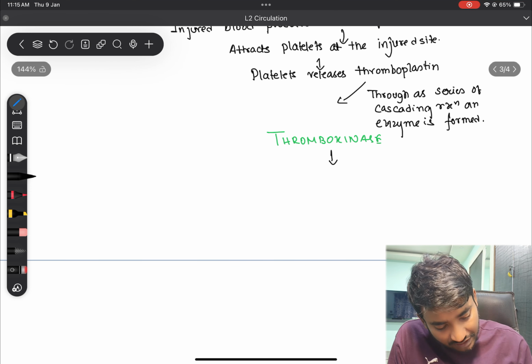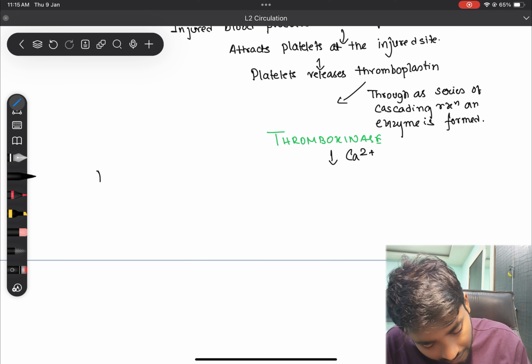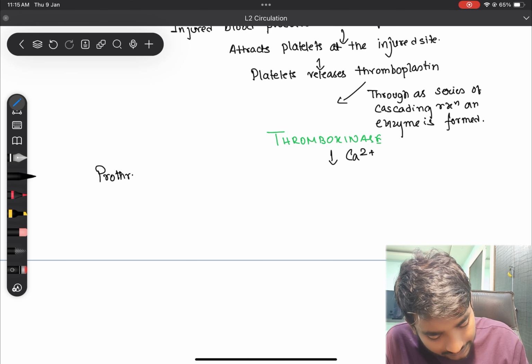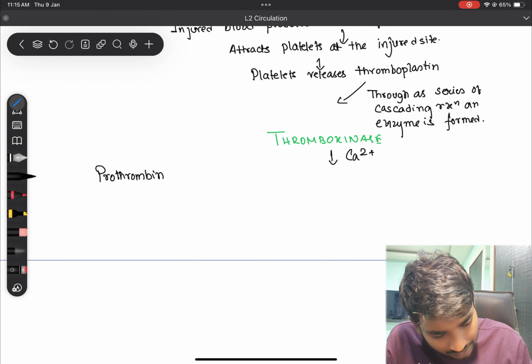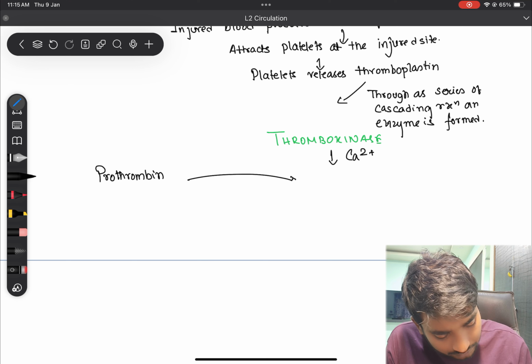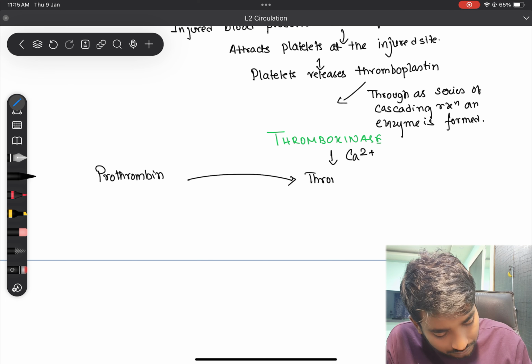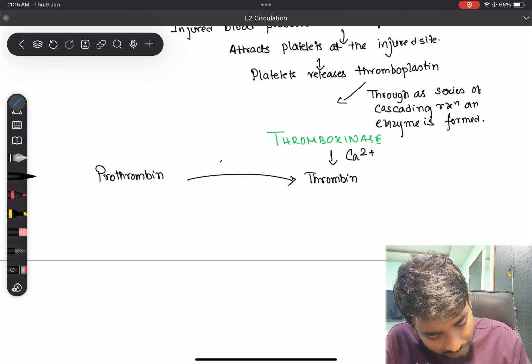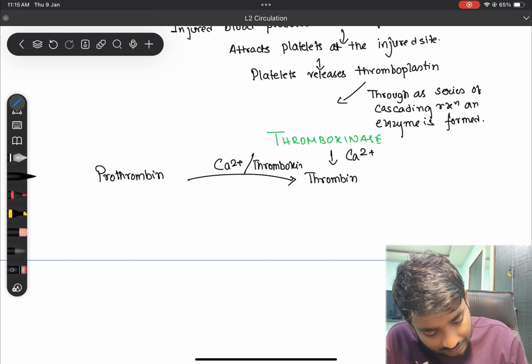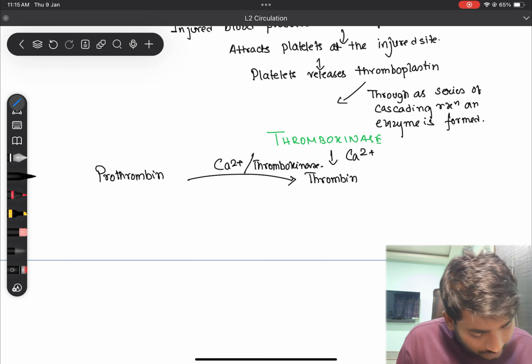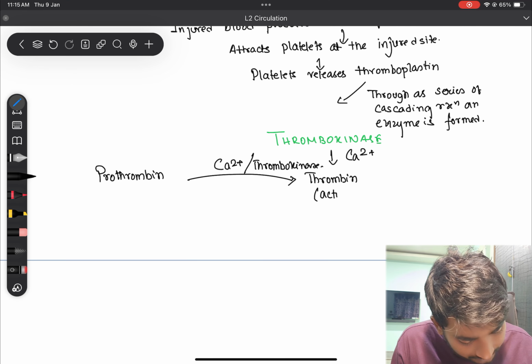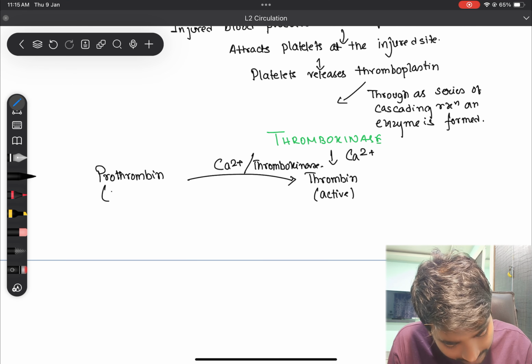Here comes the function of the calcium ion. Calcium is required, this comes in NEET. Prothrombin converts to thrombin, and the enzyme is thrombokinase. Okay. Thrombin now becomes active. Prothrombin is inactive.